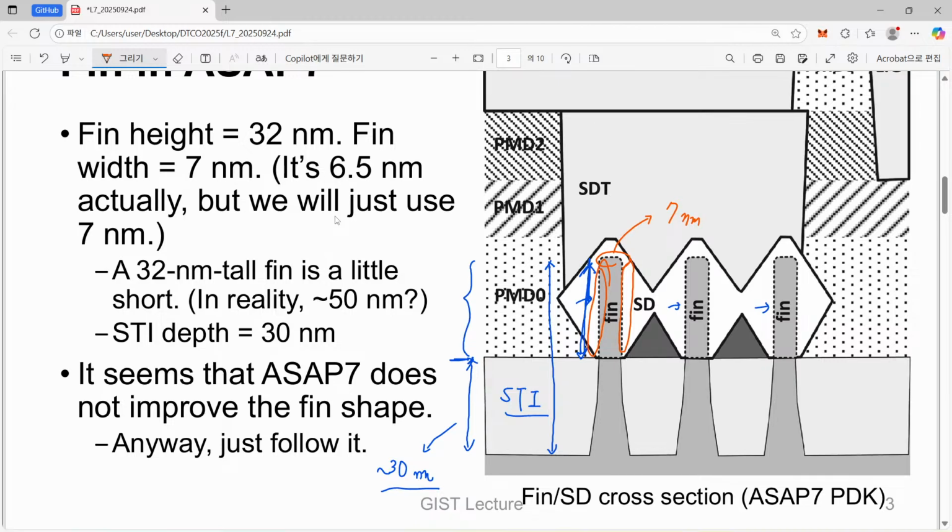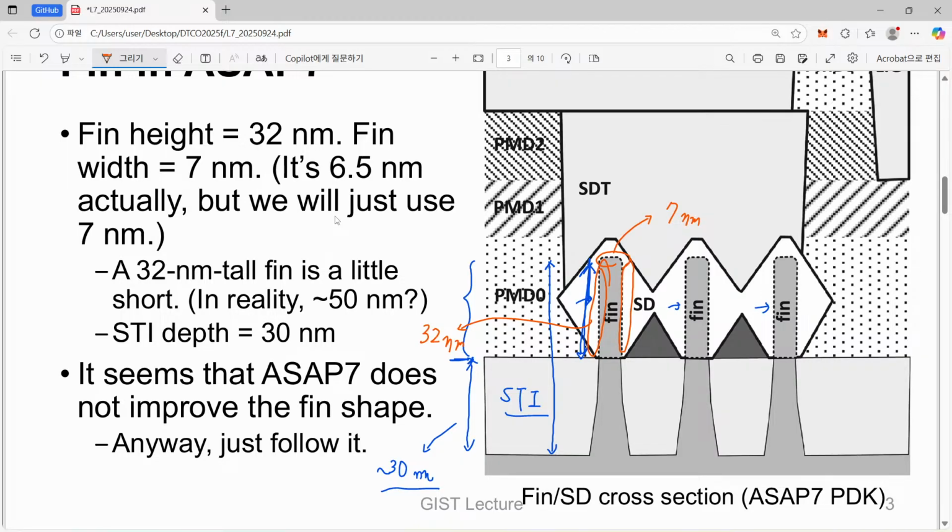Actually, they assume 6.5 nanometer, but I will use just integer numbers in terms of nanometer. So it's about 7 nanometer, and here they assume that this height is 32 nanometer. So when you make a simple comparison, you can easily find that the ratio is almost 4.5 to 1. So this is really a narrow and tall fin.